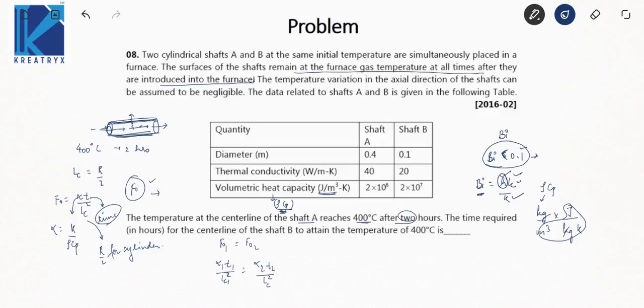Now expanding this, alpha 1 is K1 by rho Cp1, into t1, into R1 square by 2 square, equals K2 by rho Cp2 into t2 into R2 square by 2 square.